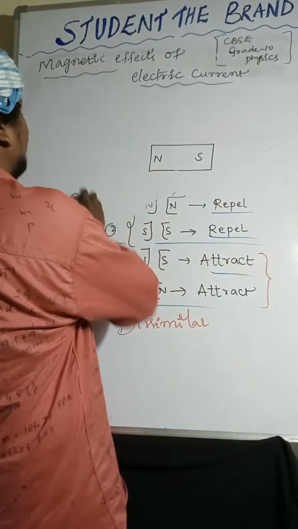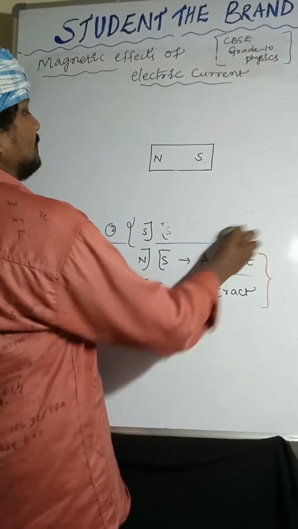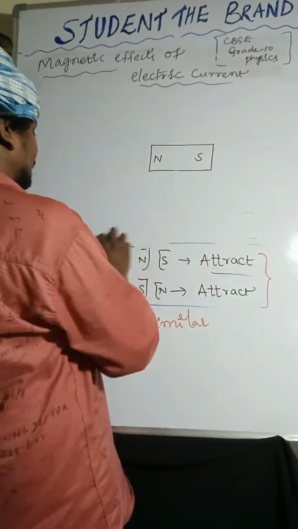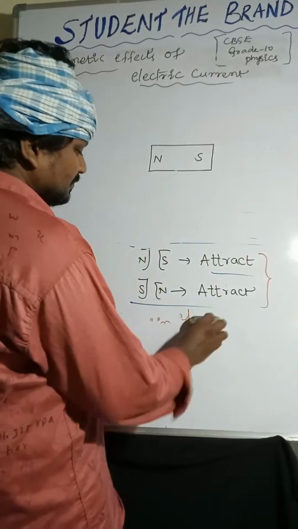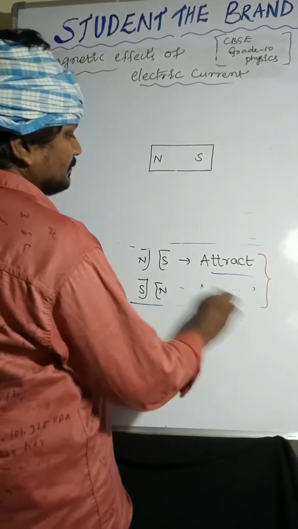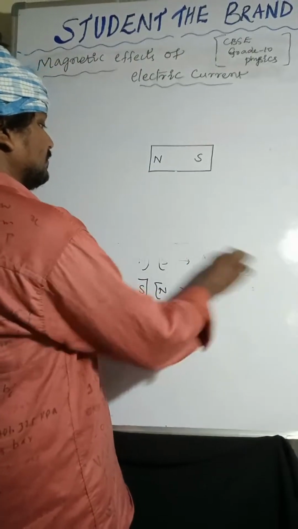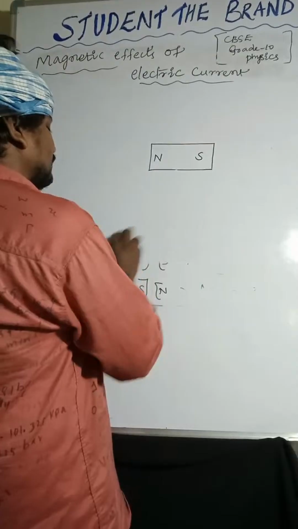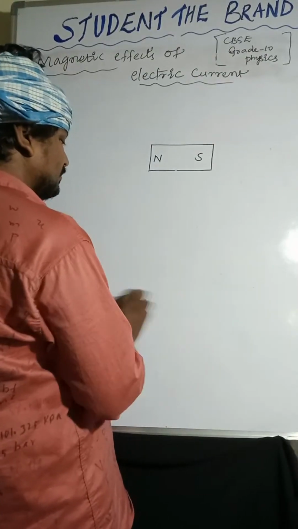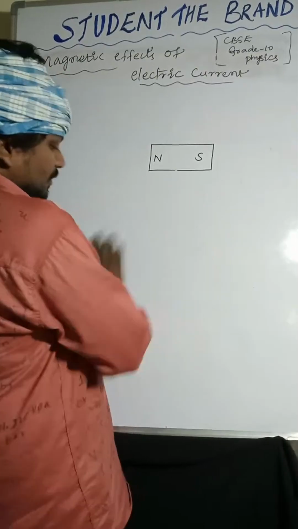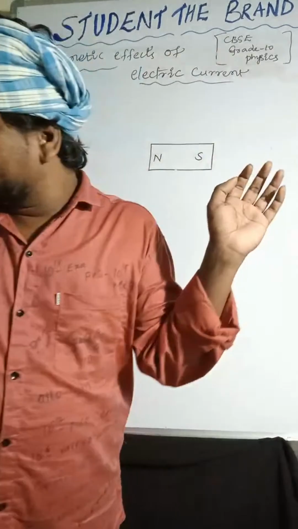A magnet has two poles, north pole and south pole.